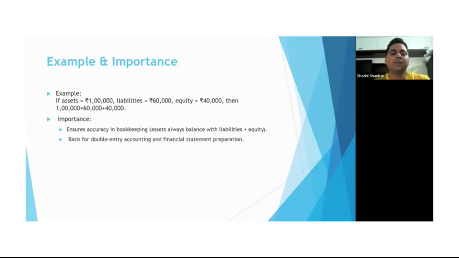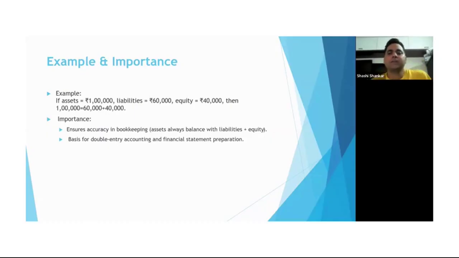If it is not balanced, if there is a difference, that means bookkeeping was not done correctly, or there might be some glitch or issues in the bookkeeping. So it is not accurate. With the help of this formula, the accuracy of the bookkeeping can be easily identified.